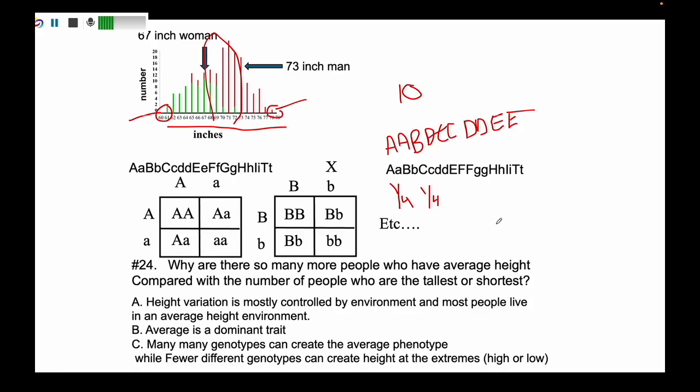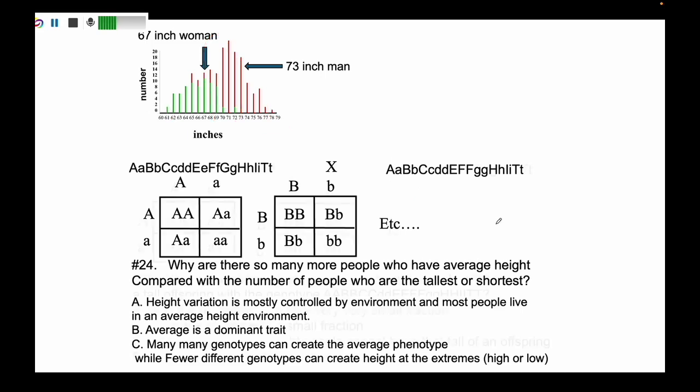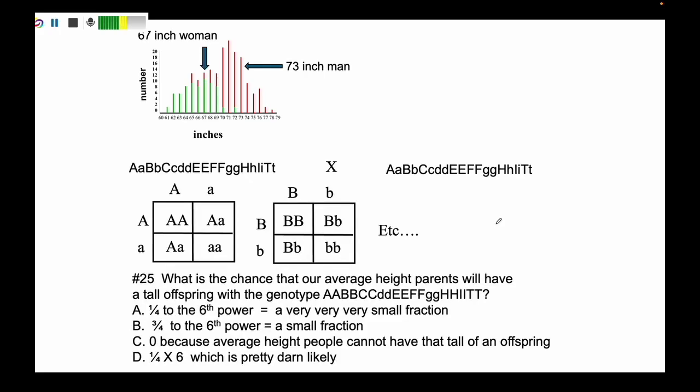So thinking again about the principles of independent assortment occurring at lots of gene pairs, and adding in the concept of additive gene action, we can understand why average is quite common and extremes are quite uncommon when you're dealing with a quantitative trait. That's what I'm getting at with these next two questions.